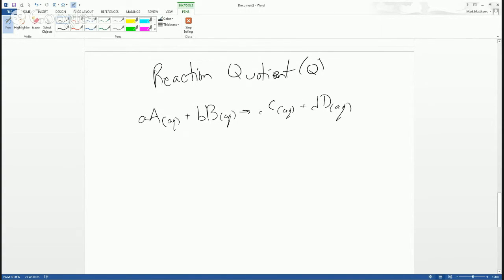The uppercase letters are the chemicals, and the lowercase letters are the coefficients. So for any reaction like this where things are in the aqueous phase, or if everybody's in the gas phase, solids or liquids change what I said a little bit, as you've probably been taught already.